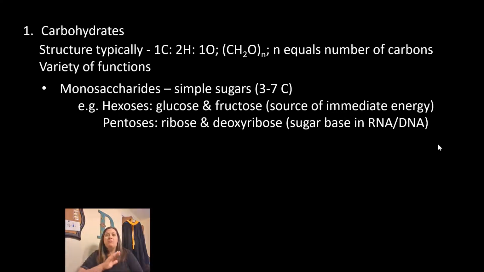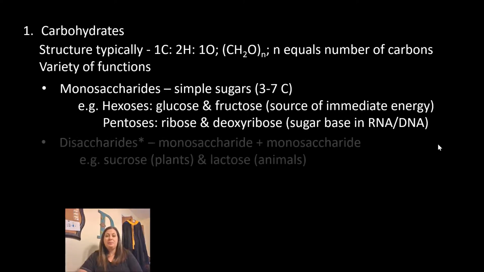They are your immediate source of energy, and the immediate source of energy for the majority of organisms. Pentoses have more of a pentagon type shape, and a lot of times they have 5 carbons. This is ribose and deoxyribose, which are important sugar bases to the formation of RNA and DNA.